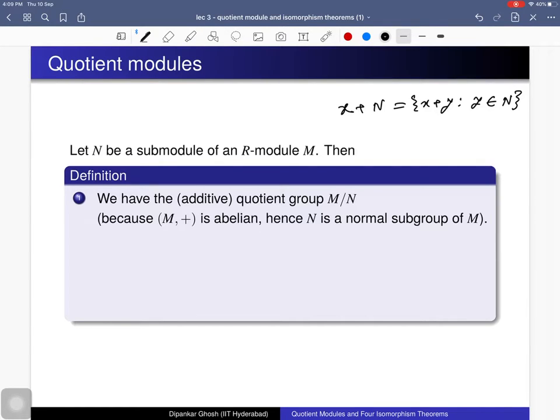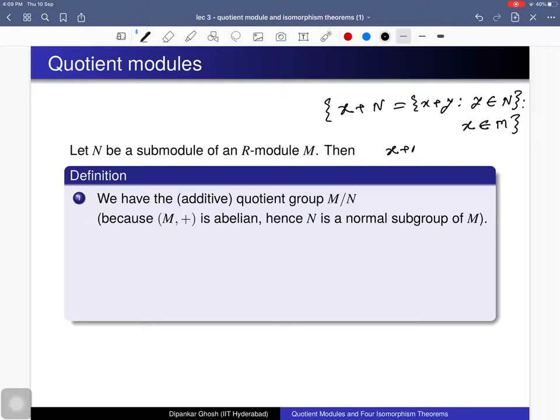And the collection of all cosets, if you vary this x in M, forms a partition, and you can define addition on these cosets.